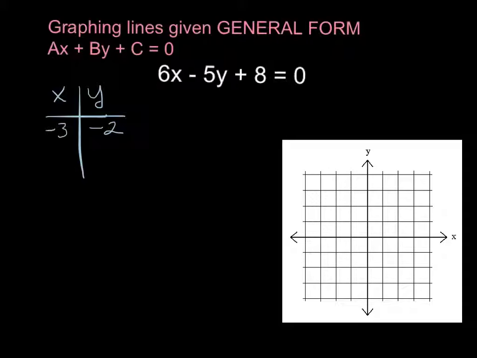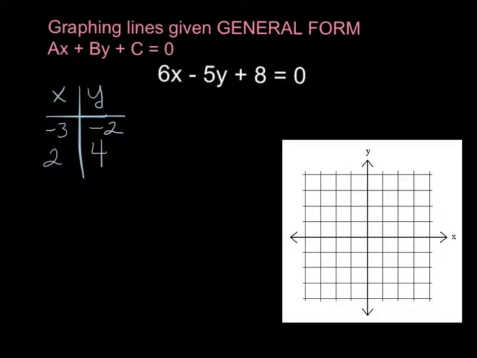And I'll just pick another random point. If I choose another point like x equals 2, then I'm going to get the y value of 4. Now I've got 2 points, and that's really all I need.